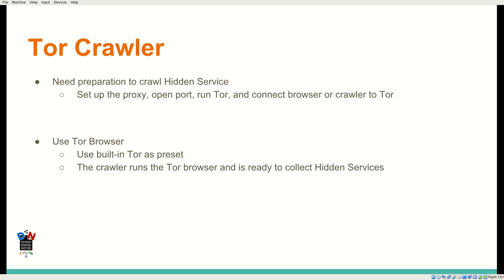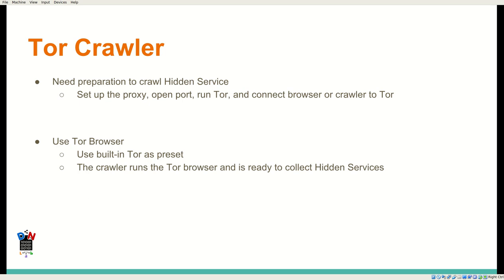We need some preparation to crawl hidden service. Set up the proxy, open the port, run Tor, and connect the browser or crawler to Tor. These preparations for crawling hidden service are complex.